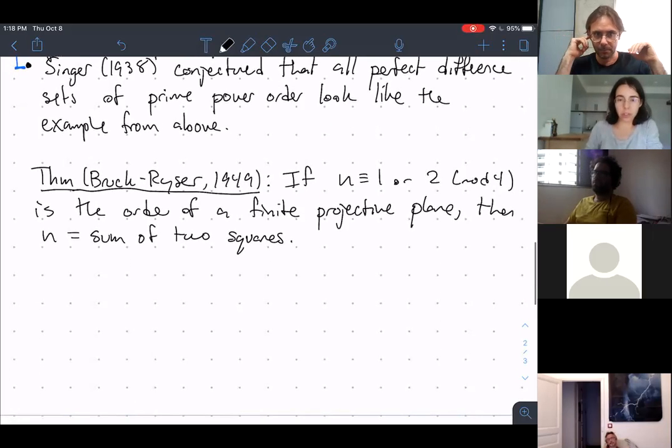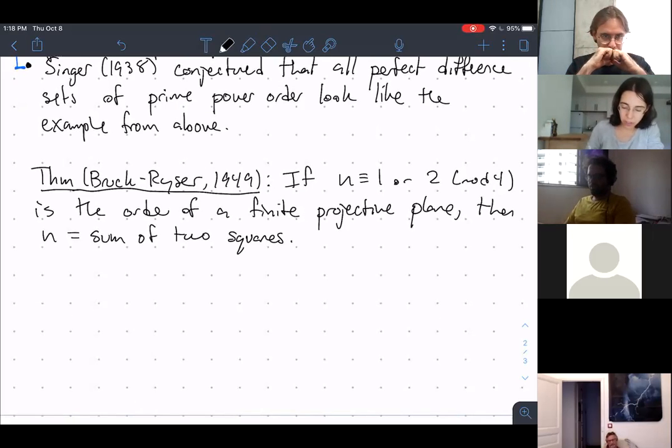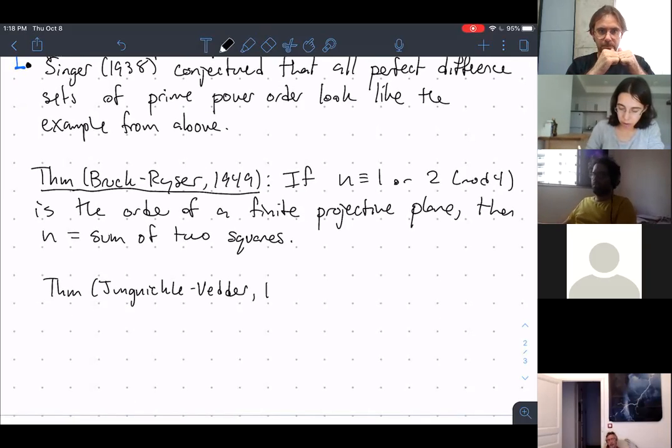Some other results that remove congruence classes from possibly being perfect difference sets are results of Jungnickel and Vedder, from, I think, 1984.